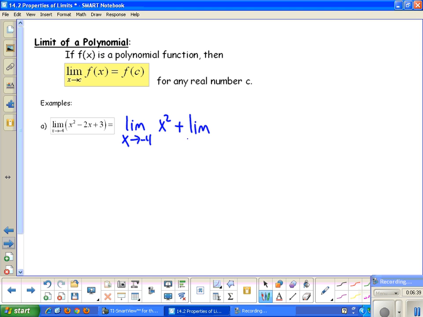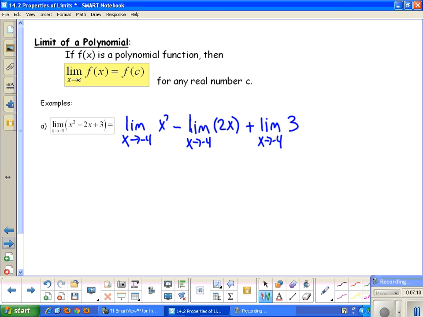we can also add that to the limit as x approaches -4 of, in this case, let's actually do this minus right here instead. Minus, and make this just a positive 2x. So minus the limit as x approaches -4 of 2x, and then plus the limit as x approaches -4 for the value of 3.